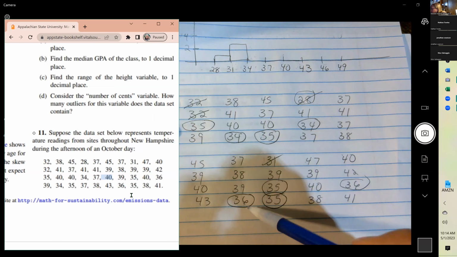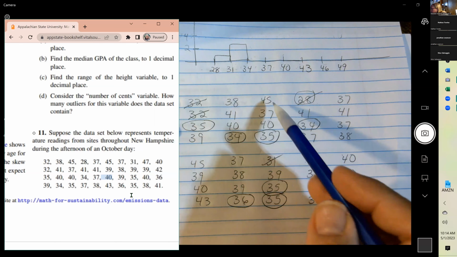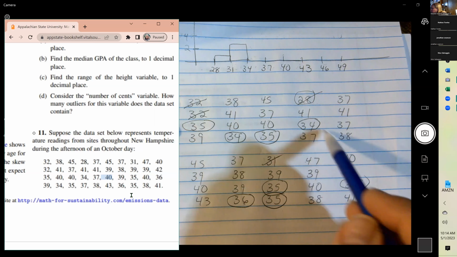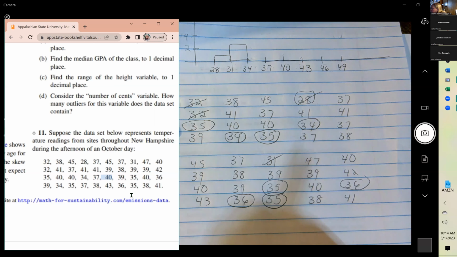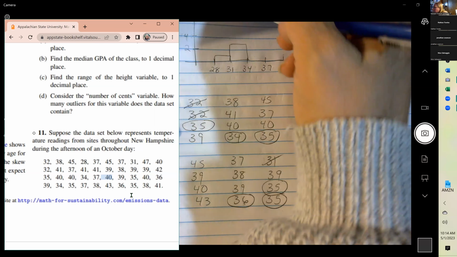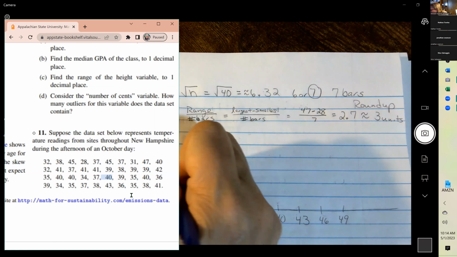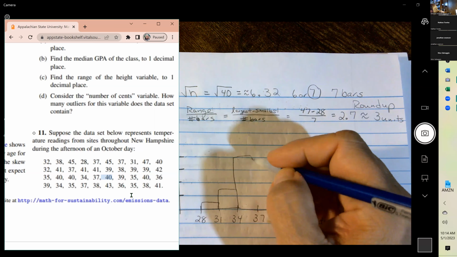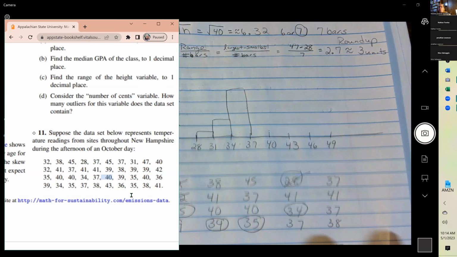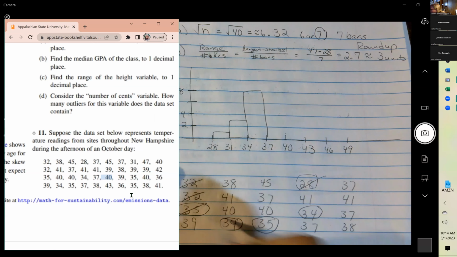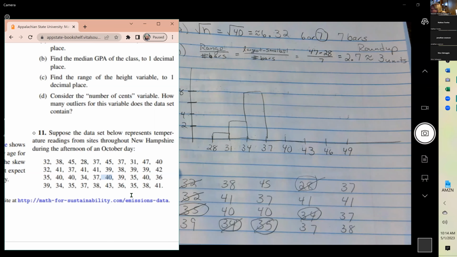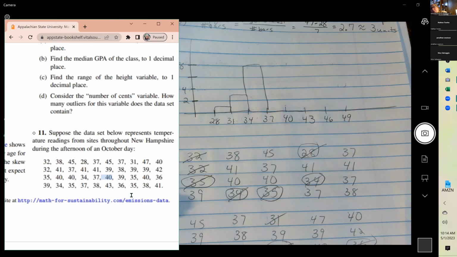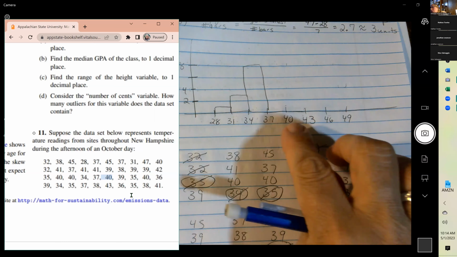One, two, three, 4, 5, 6, 7, 8. Next one, 37, 38, and 39, because 40 goes into the next bar.